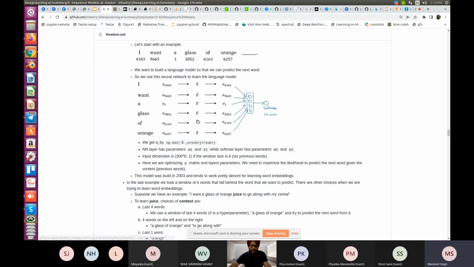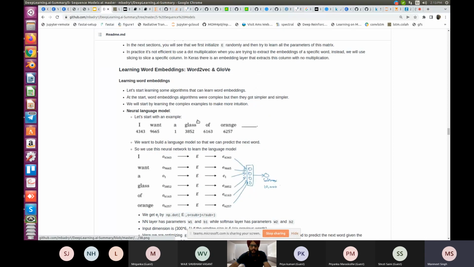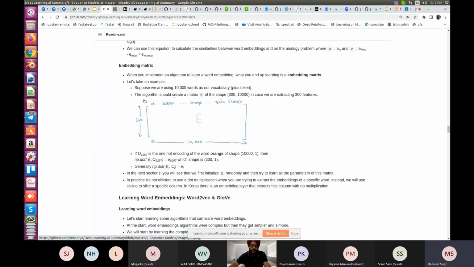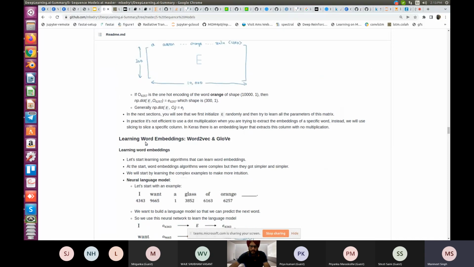If you remember last time, instead of having a 10,000-long one hot encoding vector, we have just 300. We assume that the words have 300 features, so it's a 300-dimensional word embedding.